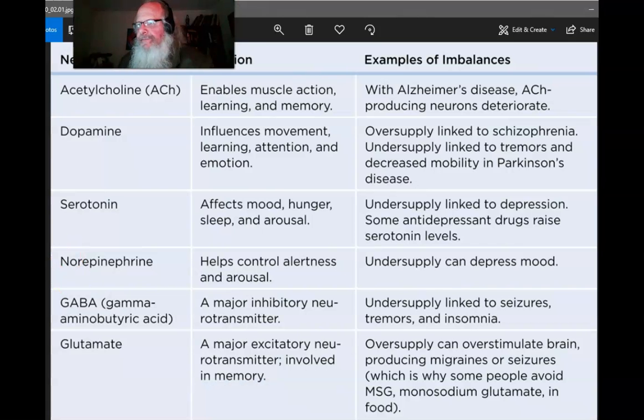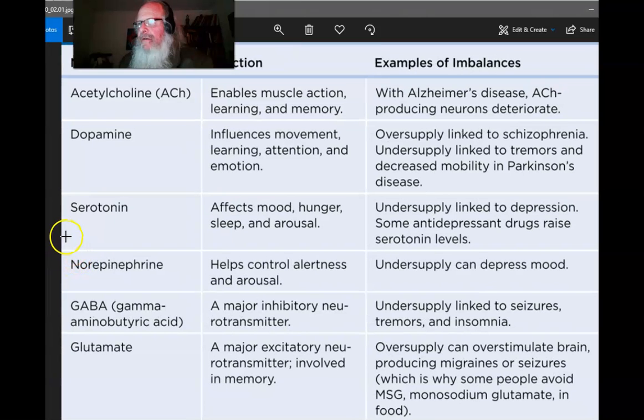Norepinephrine on this chart is identified as helping control alertness and arousal, and it says an undersupply can depress mood.